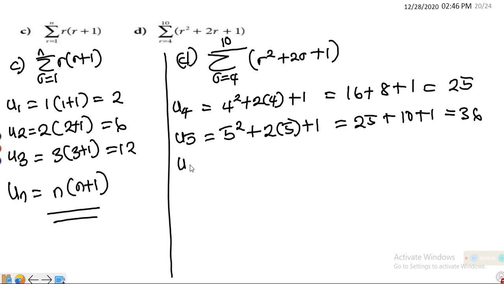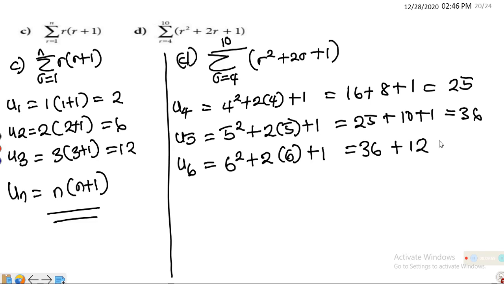And then we have U6, which is 6 squared plus 2 times 6 plus 1, which is 36 plus 12 plus 1, which is 49. Okay, so you can see the pattern, the squares of numbers from 5 up to 10.